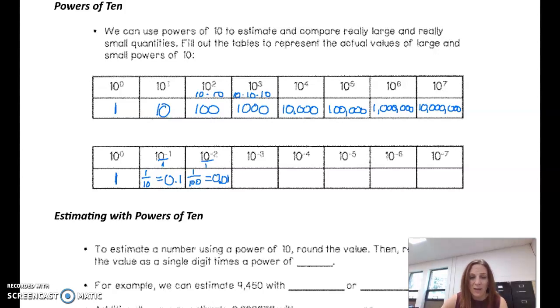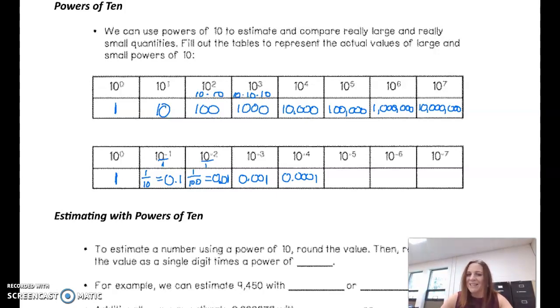And then you can start to see a pattern. 10 to the negative third becomes 1/1,000th. 10 to the negative fourth is 1/10,000th. Now, I know there's a 0 up front, but we know, like the hint here, we have a 1 followed by 4 zeros, like in this 10,000, 10 to the fourth.